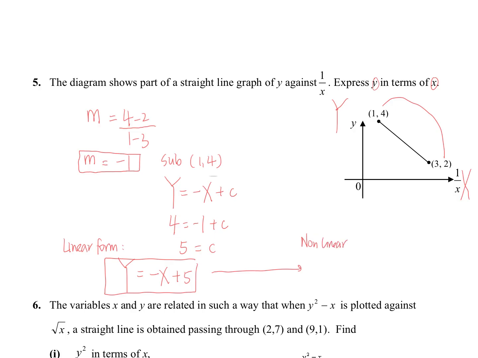Instead of the big Y, this is actually a small y, put back. Instead of my X, this is actually 1 over x, put back. So my non-linear form is y equals -1 over x plus 5. So this is my non-linear graph.